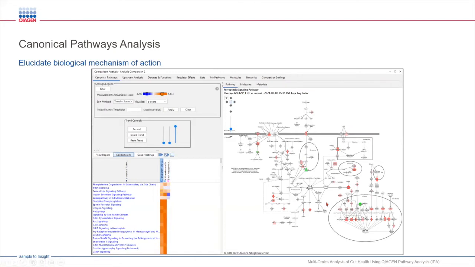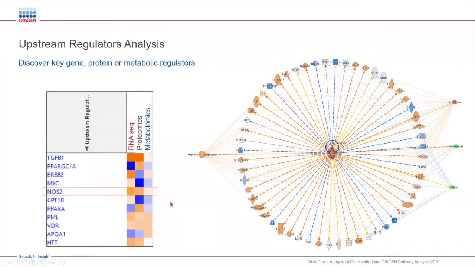Similarly, you can view any of these pathways from this heat map using IPA to identify novel biological mechanisms. Now that you know which pathways are important in your study, you can then determine if there are any key genes or proteins that can serve as regulators for other gene, protein, or metabolite targets.